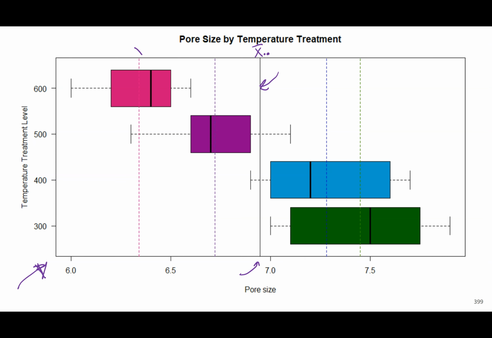And then I did the same thing for each group. This is the sample mean for the 600 degrees Celsius group. This is the sample mean for the 500, the sample mean for the 400, and this is the sample mean for the 300.